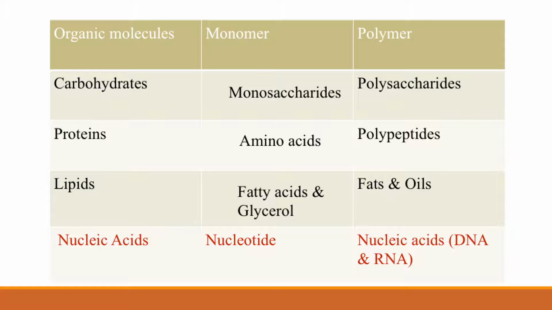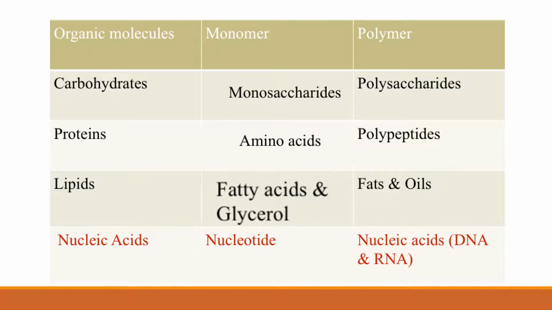Before going to section 1, I want you all to recollect some information that we learned from our previous lessons. Like when we learned about the carbohydrates, we learned that carbohydrates were made up of smaller monomer units called monosaccharides, which form the larger polymer polysaccharides. When we learned about proteins, we learned that it was made up of smaller monomer units called amino acids, which form the bigger polymer polypeptides or proteins.